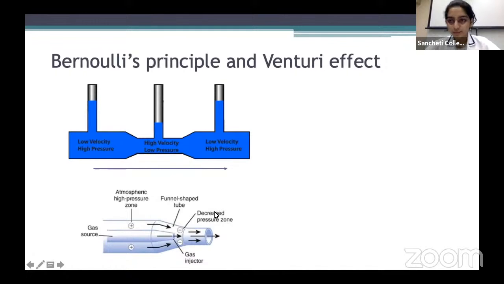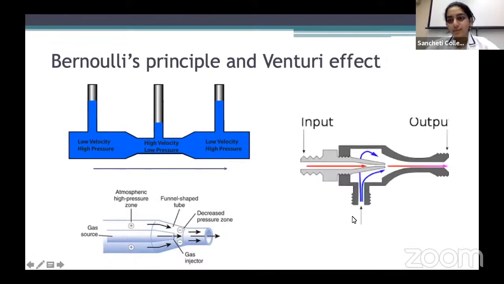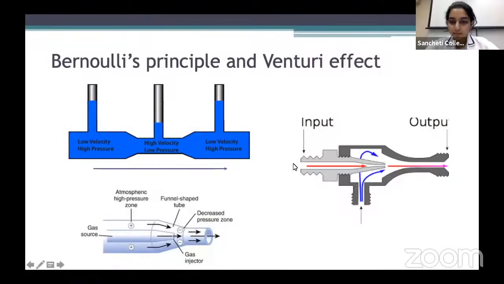How do I make use of this further? This is where the Venturi effect comes into the picture. Let's look at this image. Suppose there is liquid or medication moving from this input source, going left to right. Now the lumen reduces, so velocity increases. Remember the hose example.